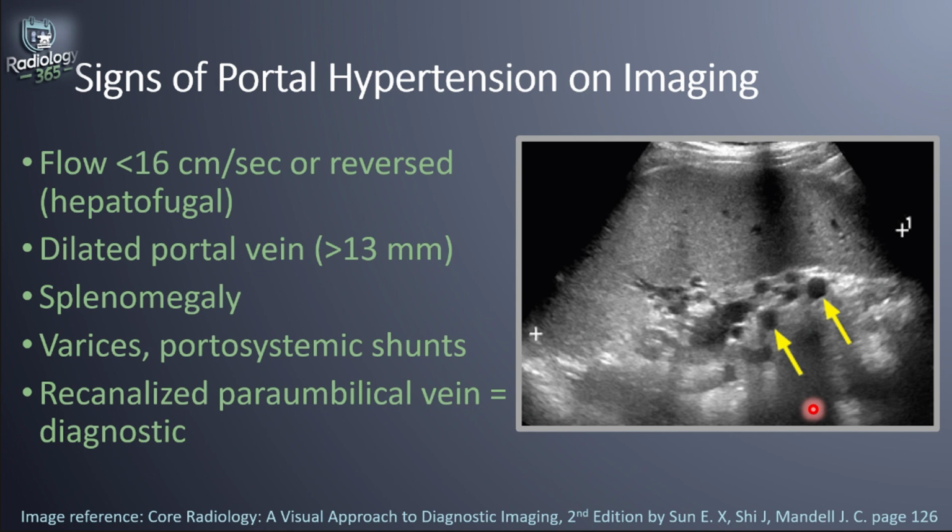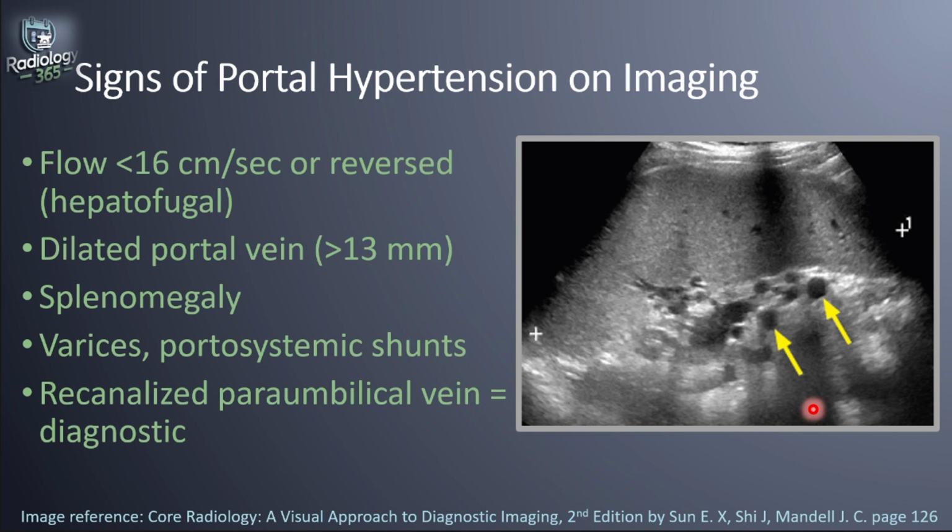Think flee the liver, hepatofugal. Other signs we look for include an enlarged portal vein. The normal size tops out at 13 millimeters during quiet breathing. So if you start seeing the portal vein appearing larger than 13 millimeters, you start thinking possible portal hypertension. Splenomegaly is also one of the signs. Gamna-Gandy bodies, tiny iron-laden nodules in the spleen, also point to portal hypertension.